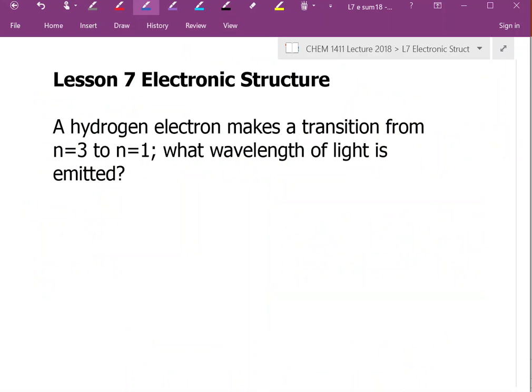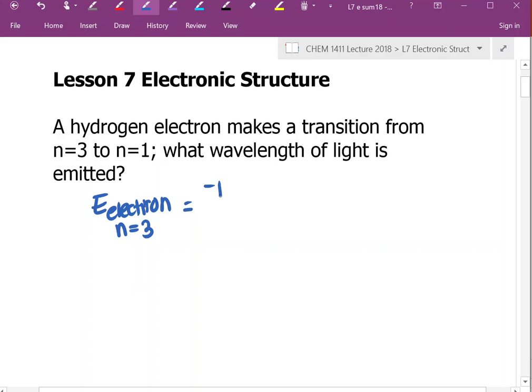So let's look at this example, and we're going to do these calculations in the order that I showed you on the last one. We're going to start by finding the energy of an electron at a certain energy level, and we're going to do 3 because we're going from 3 to 1. And so our equation is this.